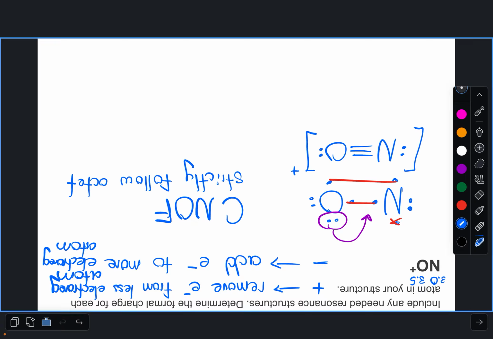So we have this system for showing when things don't behave the way we would usually expect them to, and it's called formal charge. The way we do it is we look at how many valence electrons the atom had originally, and we subtract off how many electrons it now has surrounding it.